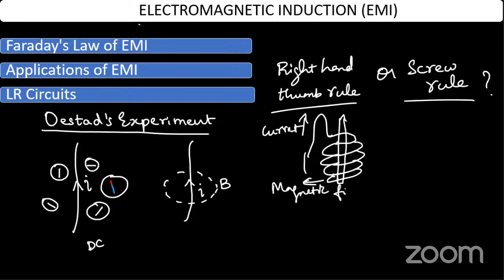So the fingers encircling also shows that the magnetic field also encircles the conductor.